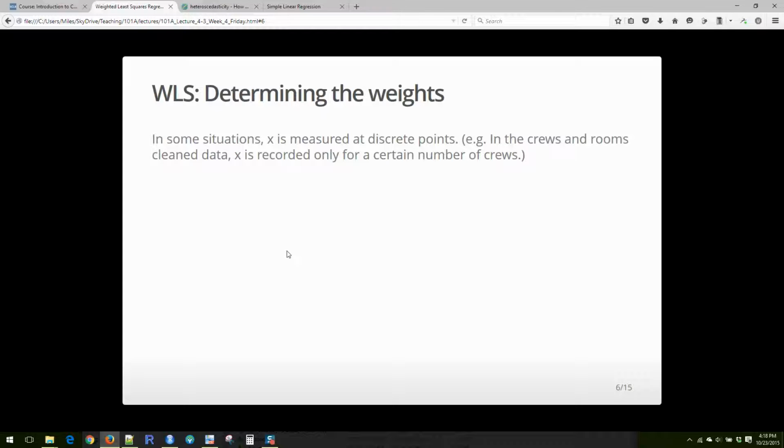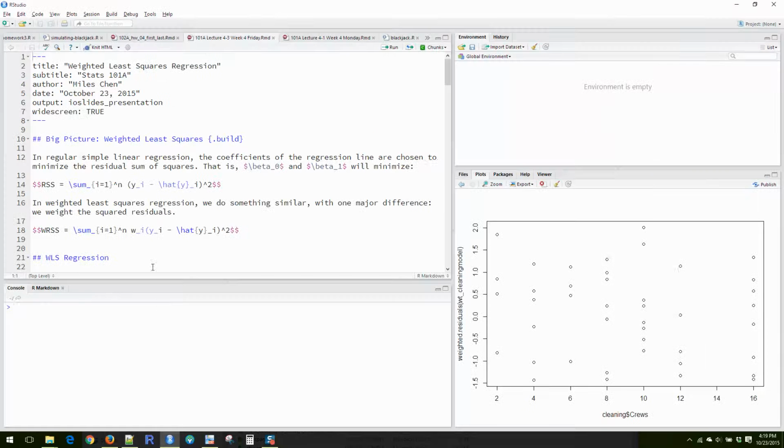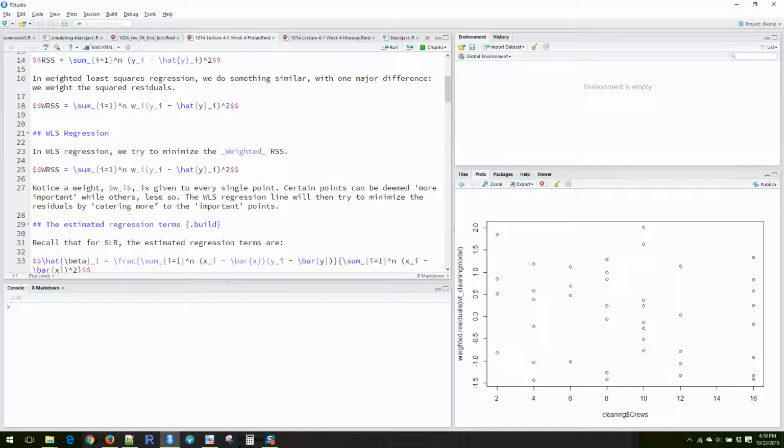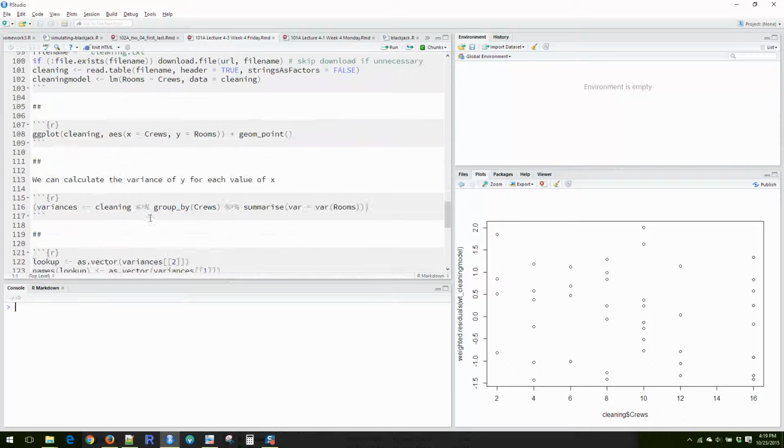In some situations, the x that we have is measured at discrete points. For example, in the cruise room and the number of crews we have and the rooms that we've cleaned, in that data set, X is recorded only for a certain number of crews. So let me see if I can pull up that graph. Where did it go?